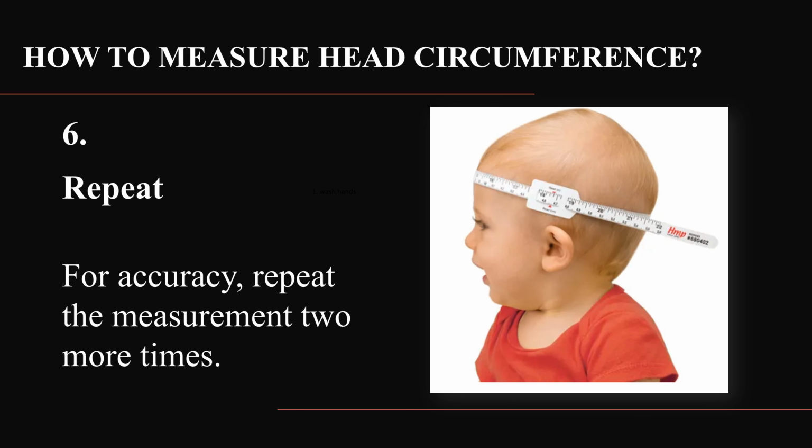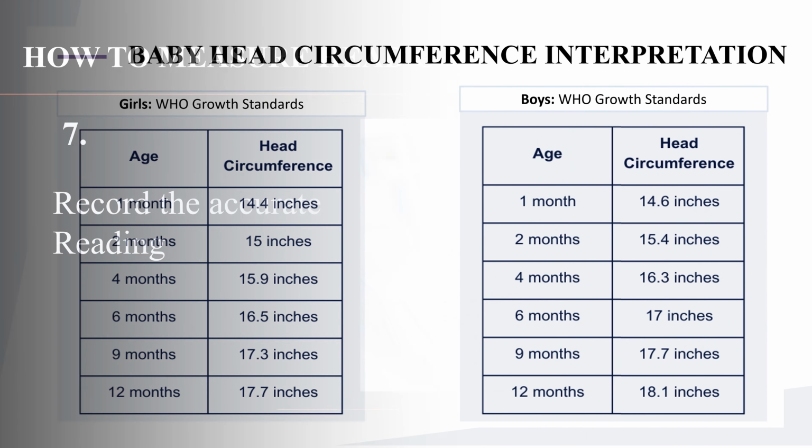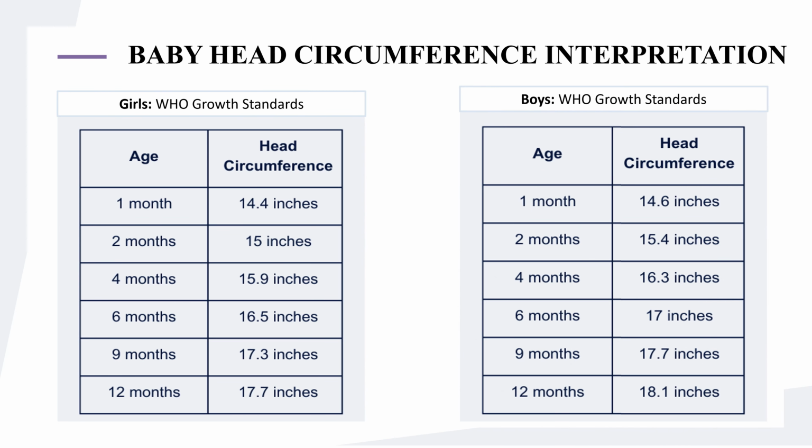For accuracy, it is recommended to repeat the measurement 2 more times. Now record the accurate reading. The measurements are recorded to be compared on a monthly basis to assess the nutritional status of the child.